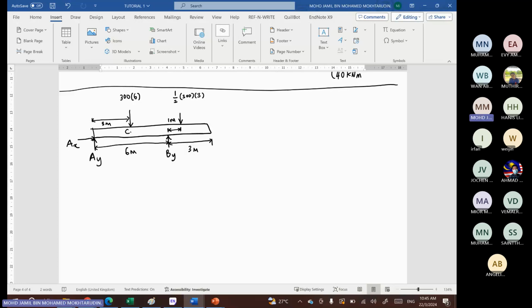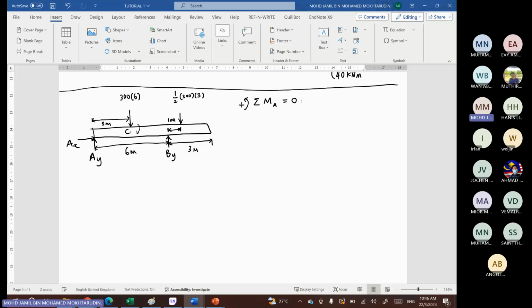Okay, then we can start with the equation of equilibrium. So this is our free body diagram. So maybe we can start at point A, moment at point A. So moment at point A, firstly we look at the 300 times 6, the force 300 times 6.